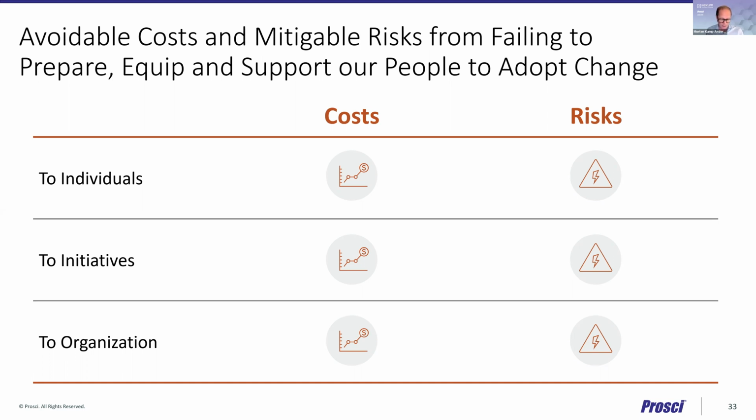And then the last is the organizational level: systemic failure, a real morale impact, the employee experience at the organizational level. Those are all things that start to have an impact when we leave the people side of the change to chance, and trust and hope instead of dealing with it.